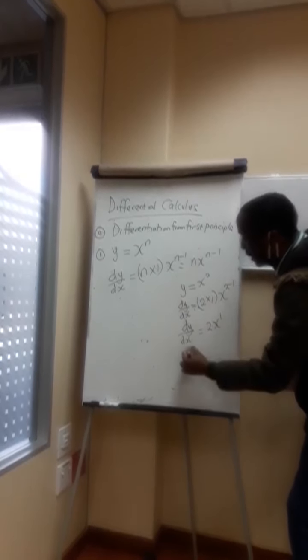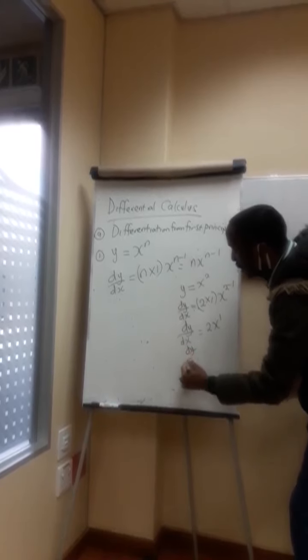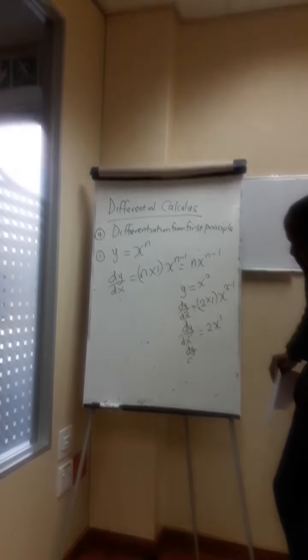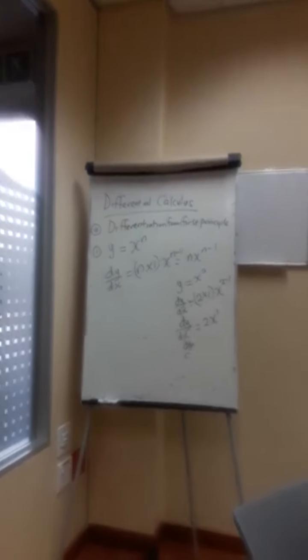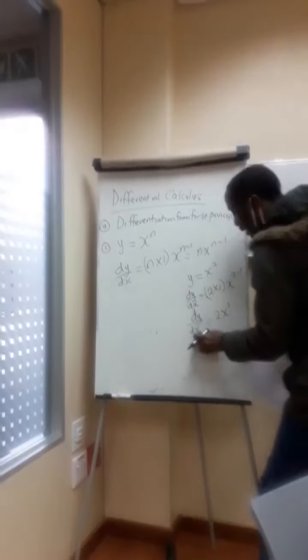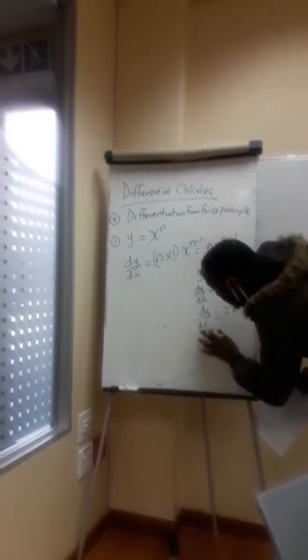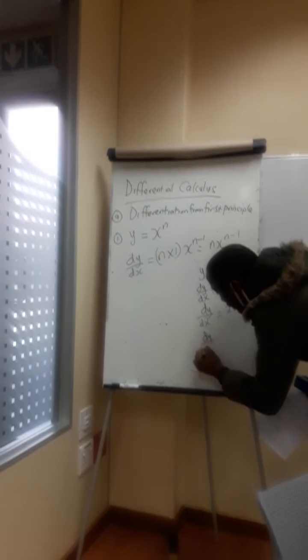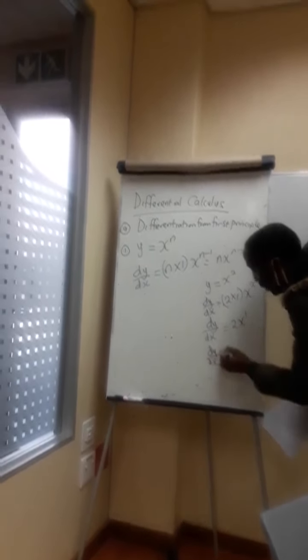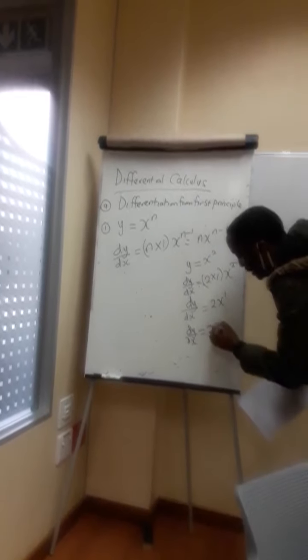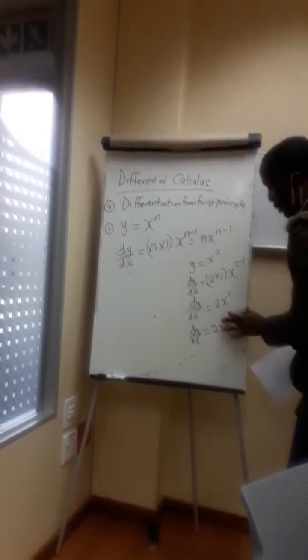So dy/dx becomes 2x raised to power 1, which is 2x, because x raised to power 1 is x. So that will give you 2x.